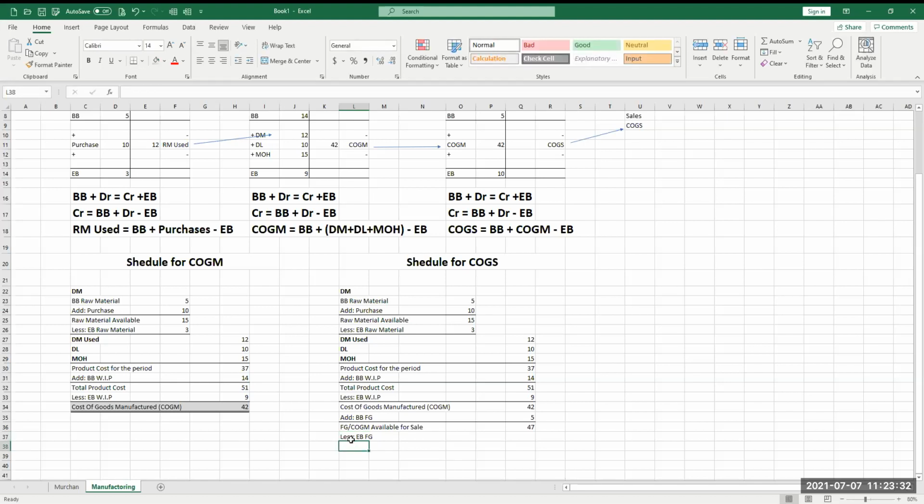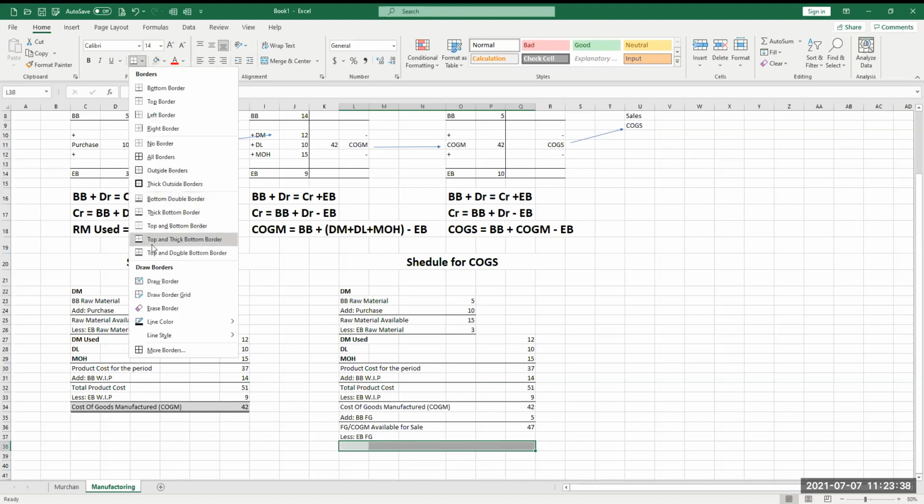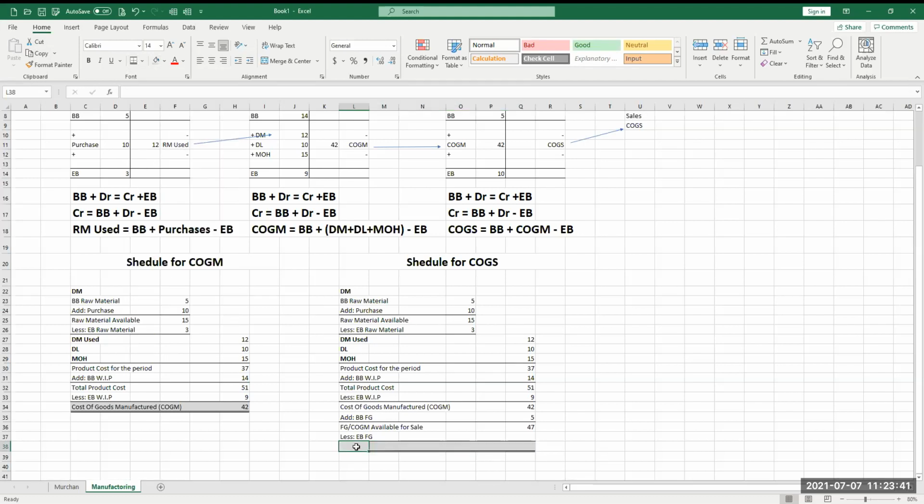And that's going to give me what we're chasing, cost of goods sold, correct? Yes, Professor. And that will be cost of goods sold. Ending balance is 10. So my cost of goods sold will be 47 minus 10, or 37.